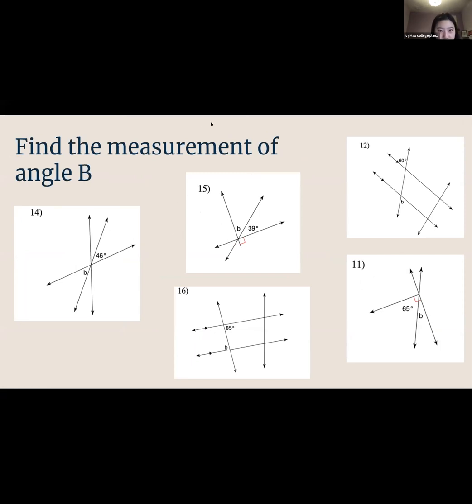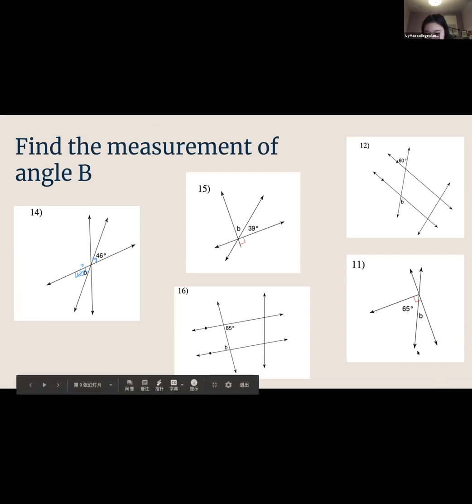So for 14, we know that this one is 46 degrees, and so you know that B is also 46. And then let's do one more together so you can see how it works.